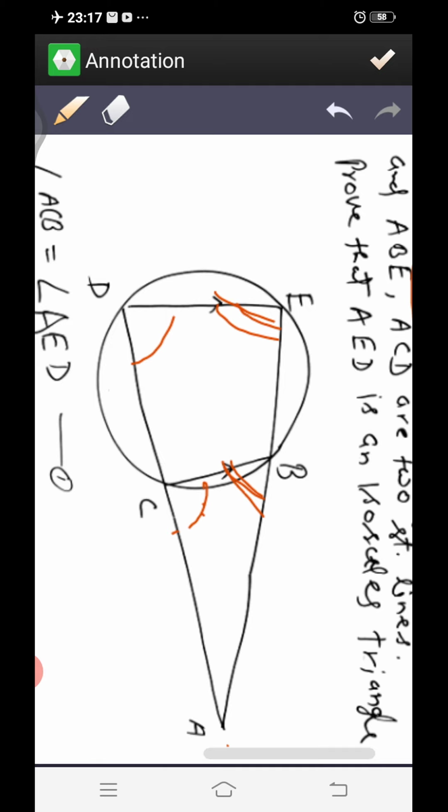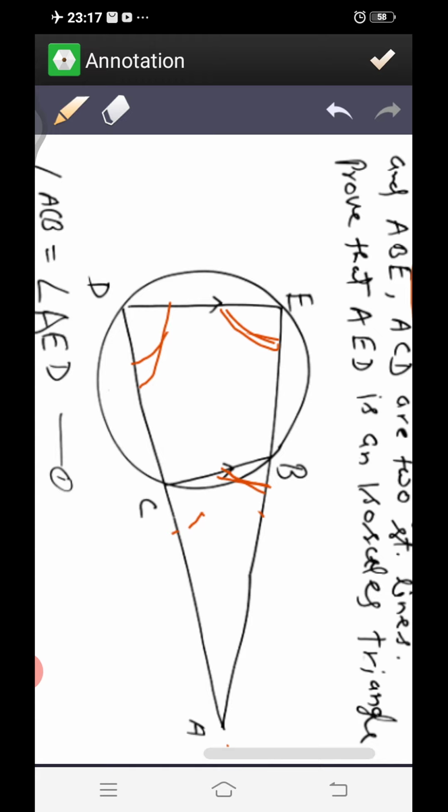That is the corresponding angle. These two lines are drawn parallel. You can see that ED and BC are parallel. So corresponding angles are equal. These two corresponding angles are equal. Before that we have written that this ABC equal to ADE, and then ABC equal to this also.